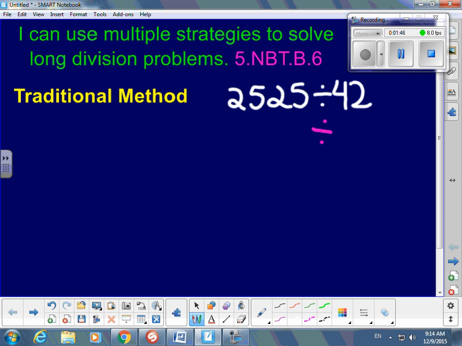What are we going to round 42 to? 40? 40. Nice job. All right, so if we're working with 40, who thinks they know what our compatible number should be for 2,525? Will?